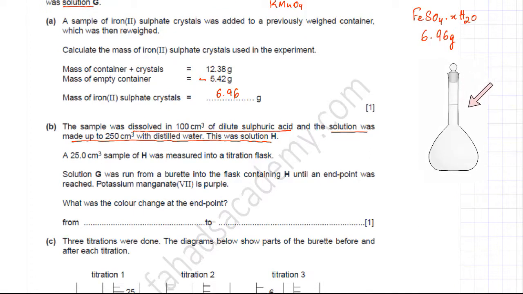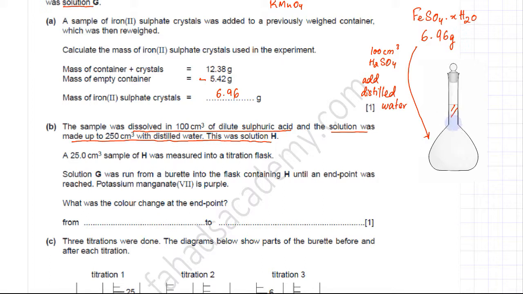Here is my volumetric flask, and I'm going to make a 250 cm3 solution, which is going to be called H. The first part is that the crystals are dissolved in 100 cm3 of sulfuric acid, which is H2SO4. Then you add distilled water to make a more diluted solution.